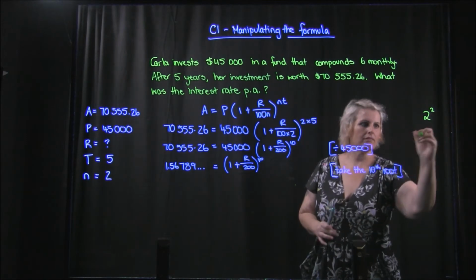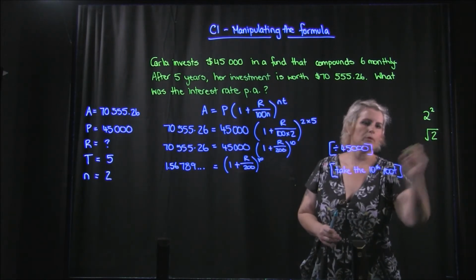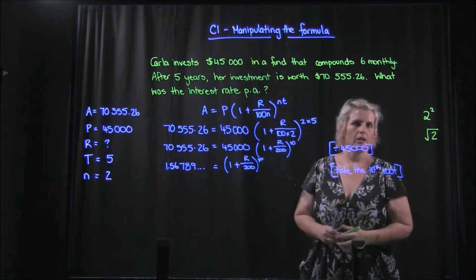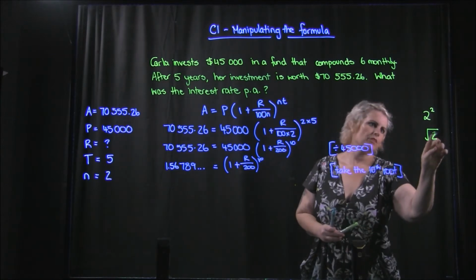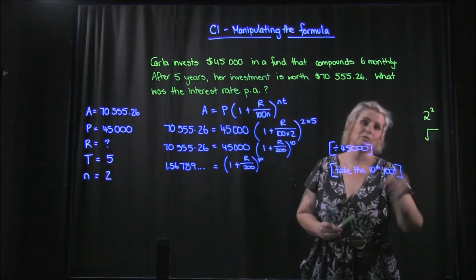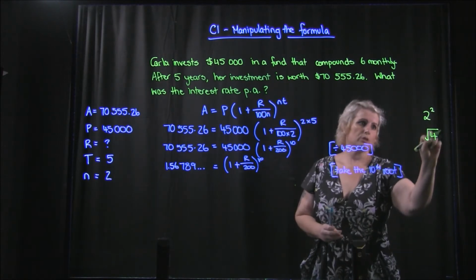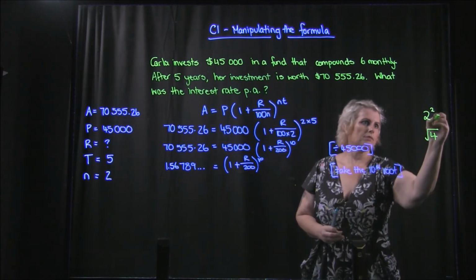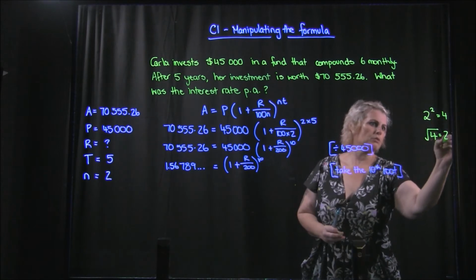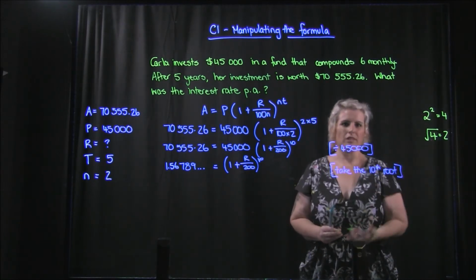The opposite of that is the square root. 2 to the power of 2 is 2 times 2, which is 4. The square root of 4 is 2. So this is 4, and this is equal to 2. They undo, they're the opposite.